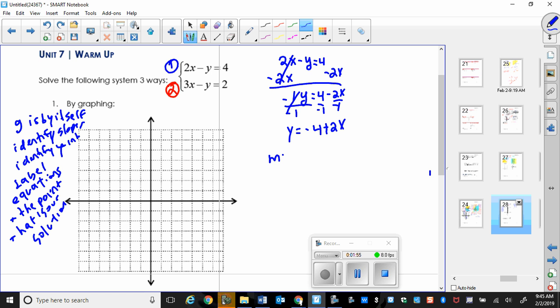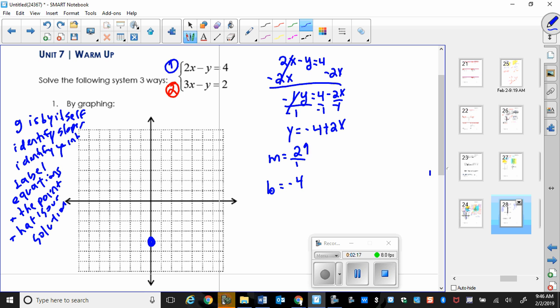My slope for this particular equation is the number in front of x, which is 2. My y-intercept is negative 4. Now, I need rise over run, so I'm going to divide by 1. Okay, so at negative 4 is my y-intercept. So 1, 2, 3, 4, down 4. And there's my y-intercept for this first equation.